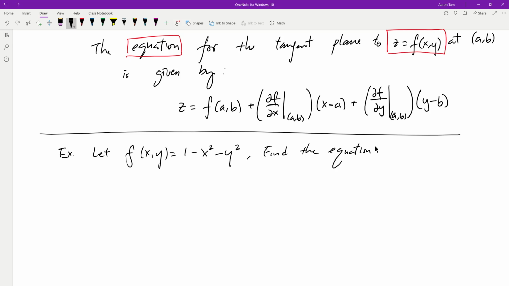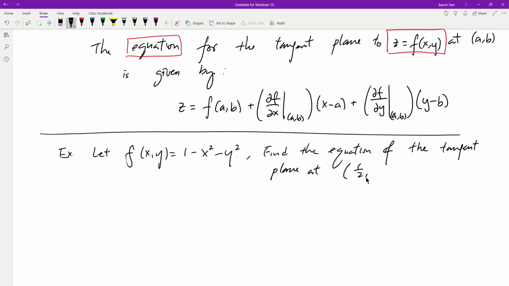I'm going to ask you to find the equation. And yes, I can tell you right now, later on we're also going to learn a tangent plane formula that is not an equation but a parametric representation. So that's why I keep telling you, you have to pay attention to a lot of these little things and try to find a nice place to write down all these formulas and make sure you distinguish them so that you don't get confused.